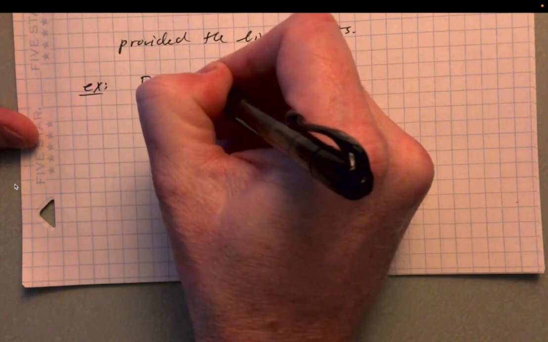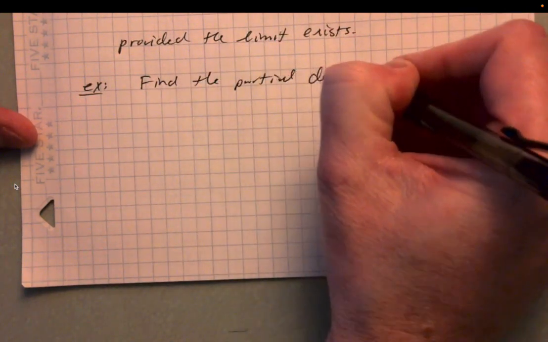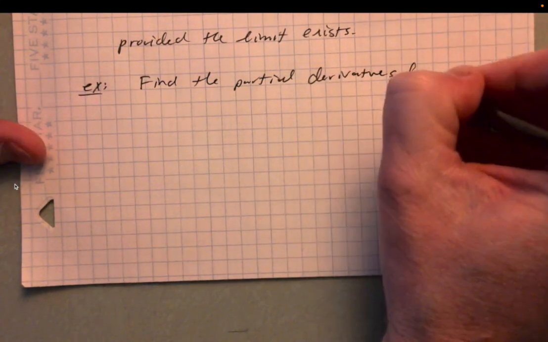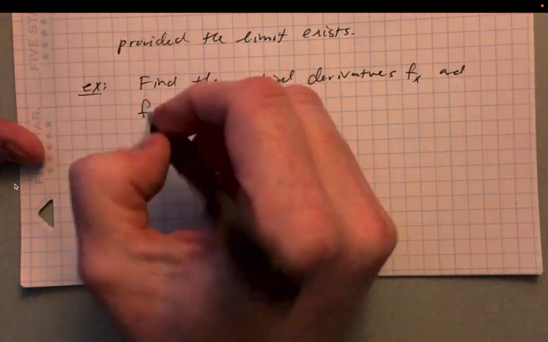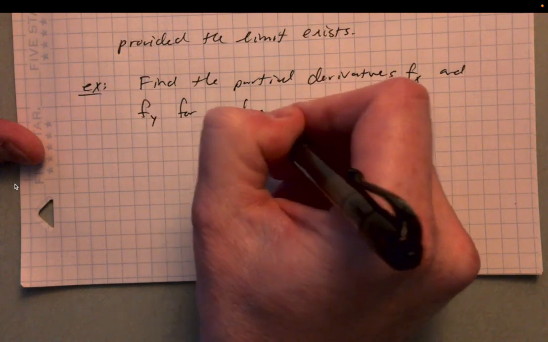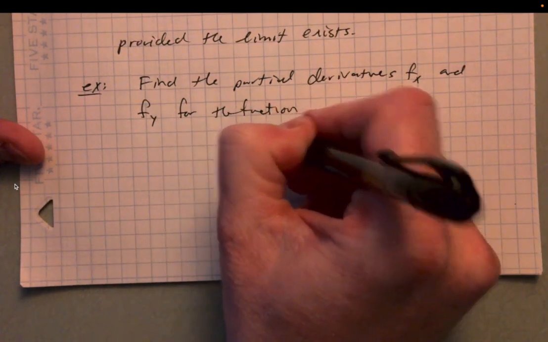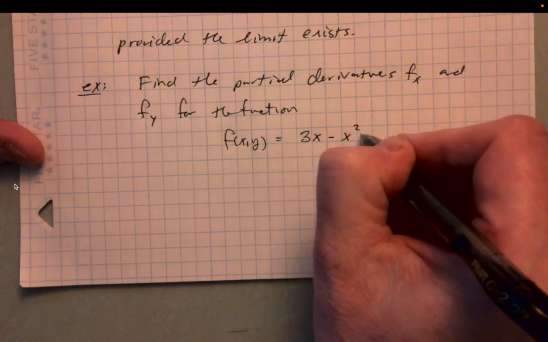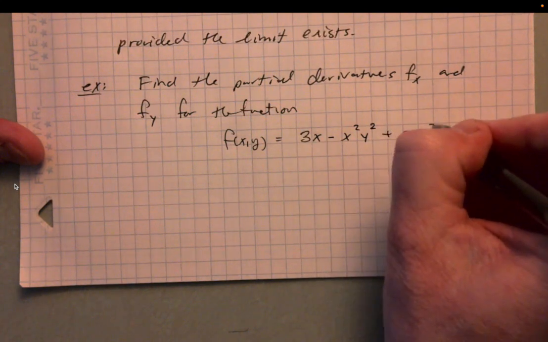Okay, so let's find the partial derivatives f sub x and f sub y for the function f of x comma y equals 3x minus x squared y squared plus 2x cubed y.